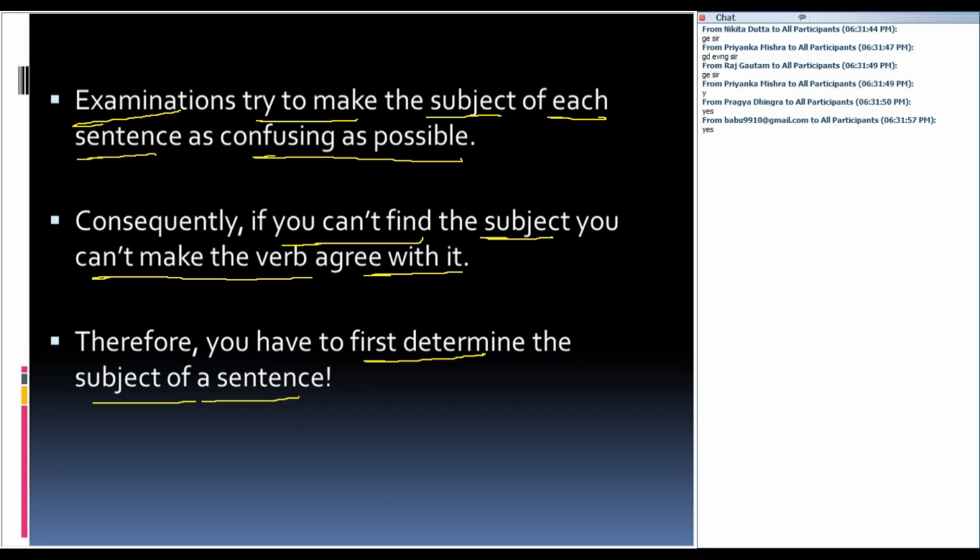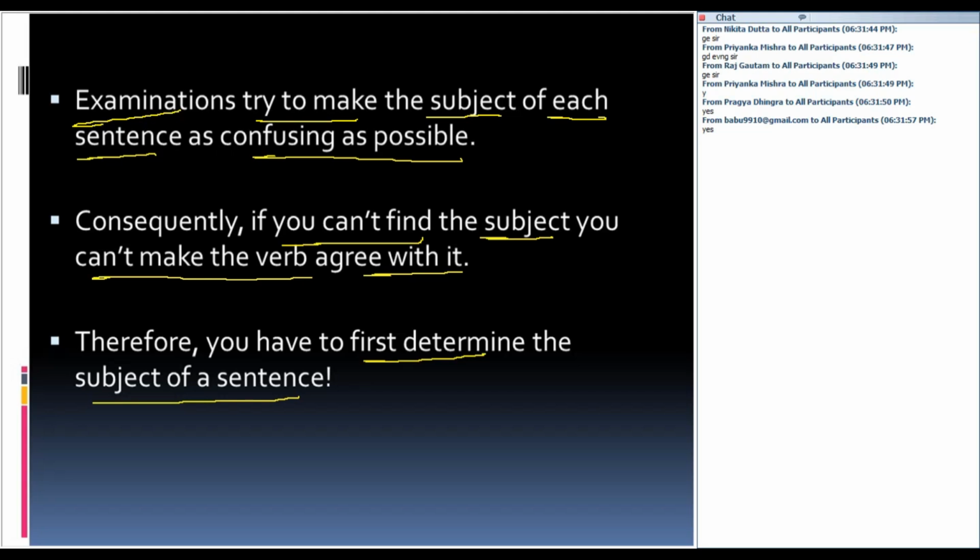There are so many ways in which you can find out what is the subject of a sentence. Some common ways, some general sentences I will just show you. It is very easy to identify what exactly is the subject in these sentences. But there are some complicated cases also. Those are cases that we will take through the rules.